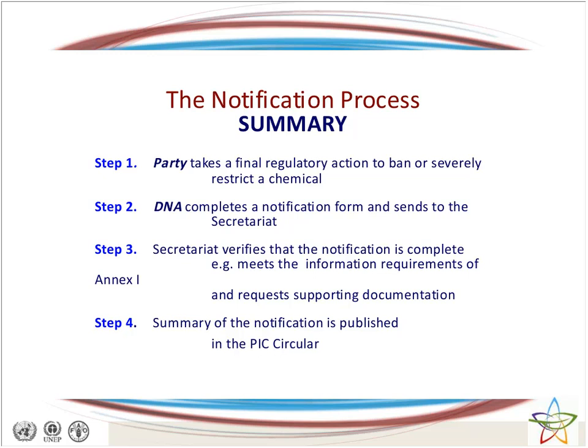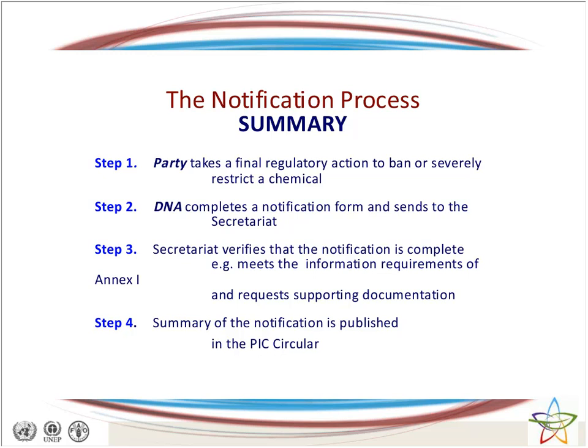Once this decision has been taken, then the Convention provisions apply. The DNA must complete the notification form, sign it, date it, and send it to the Secretariat. The Secretariat will verify that the notification is complete and it meets the information requirement of Annex 1, and will request supporting documentation. In step 4, the summary of the notification is published in the PIC circular.